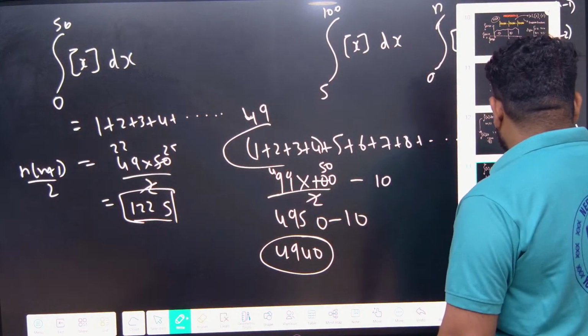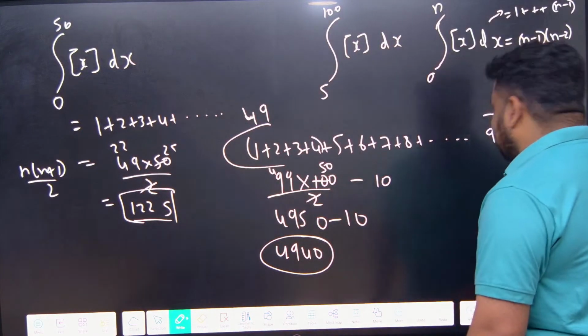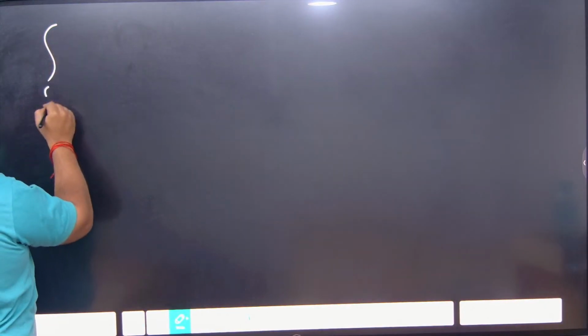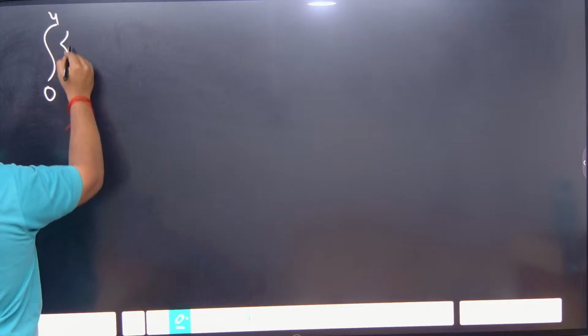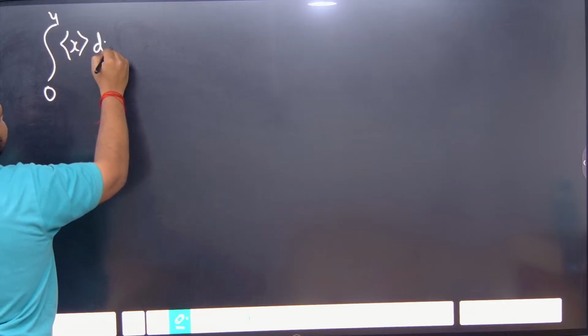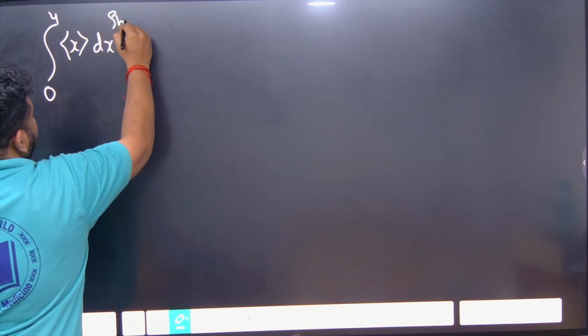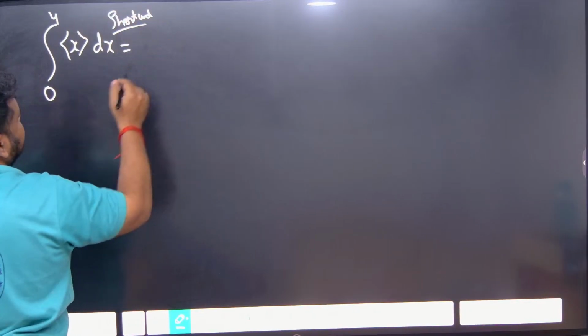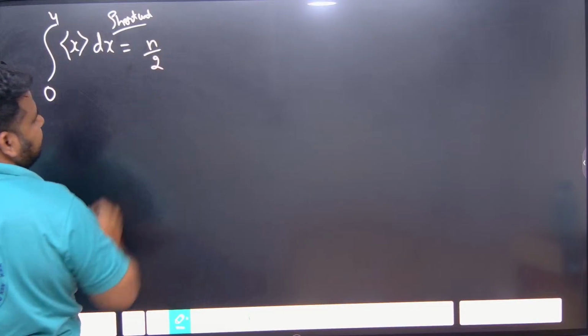Let us proceed. On similar lines, if I give a fractional function, suppose it is given 0 to 4 fractional value of x dx, a shortcut directly I am telling you: the value will be equal to n by 2.